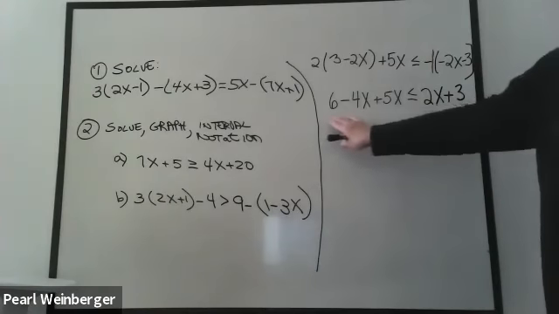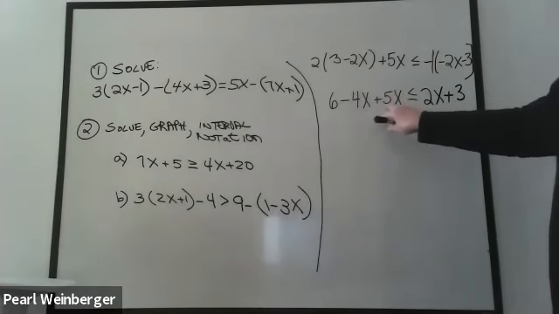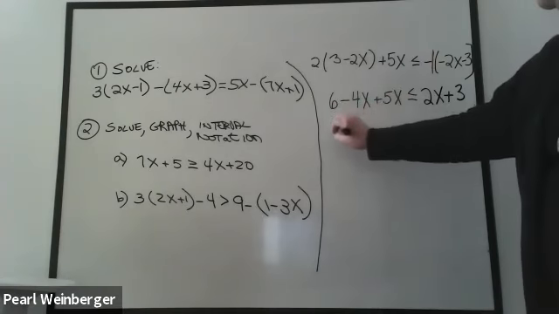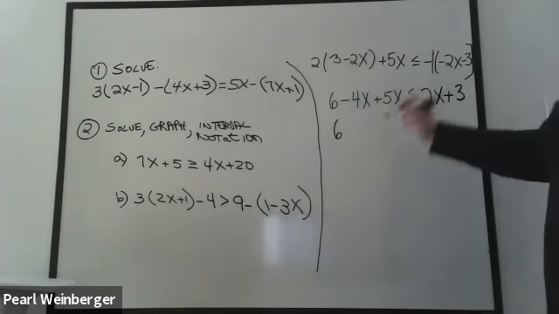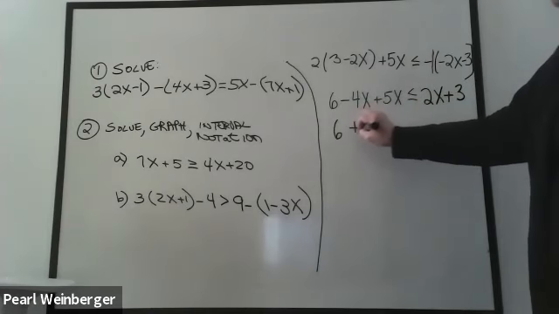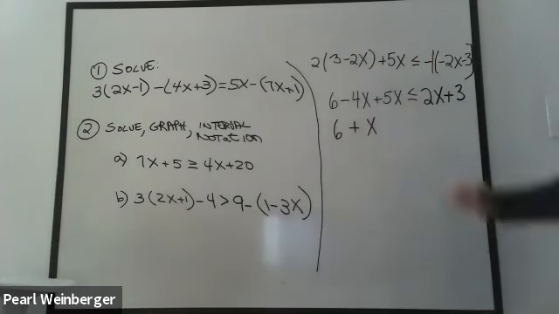Okay, now on my left side, I see there's two terms that can be combined. There's a -4x and a positive 5x. So I'm just going to bring the 6 down. -4 plus 5 is 1. So that's a positive 1x, which I can either write as positive 1x or just positive x.